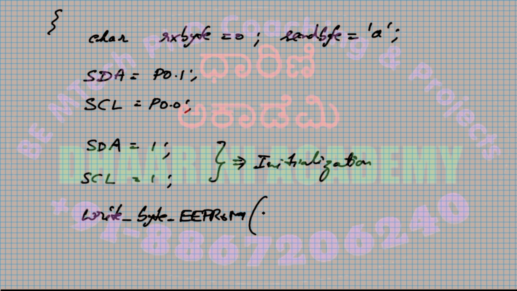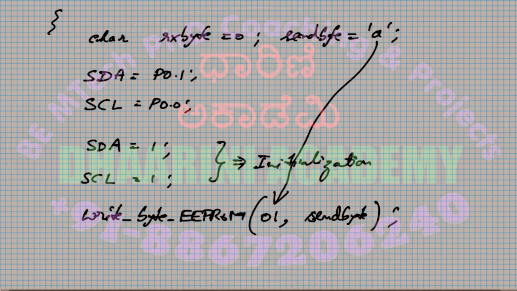What you are supposed to pass is an address, maybe 01 is the location where you want to write, and the data is already written, that is send byte. Simply call this. It executes that part of the code which we have written and writes the character A to the memory location 01 in the EEPROM.